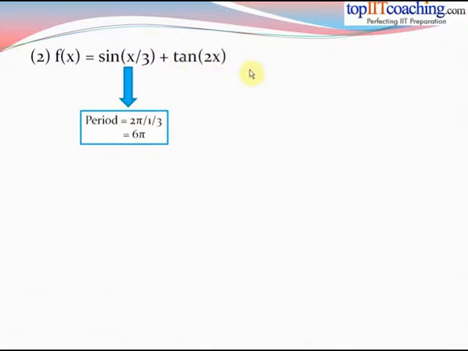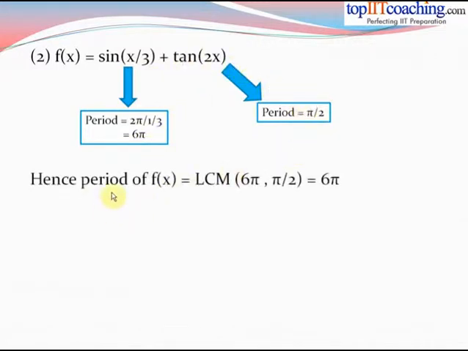So the period of tan 2x would be equal to π/2. Thus, the period of sin(x/3) is 6π and the period of tan 2x is π/2. So we can say that the period of f(x) is equal to the LCM of 6π and π/2, and that is equal to 6π. Thus the period of f(x) is equal to 6π.